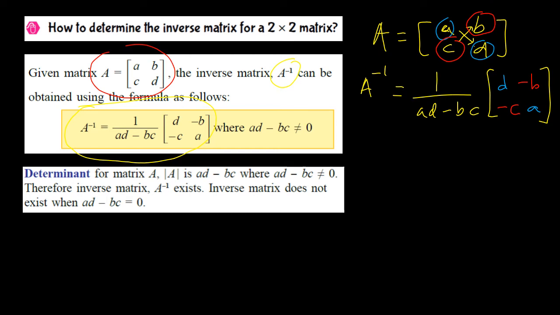But there is another rule that we have to remember. This one is called the determinant. This is the determinant for matrix A, and the symbol is like this.